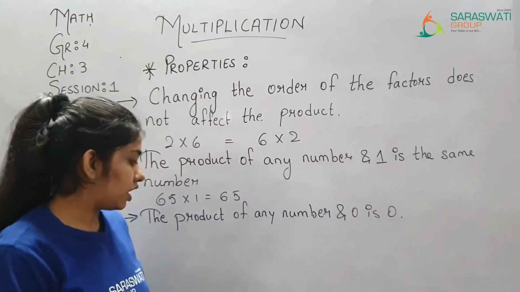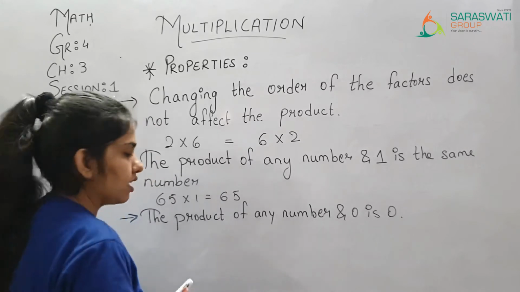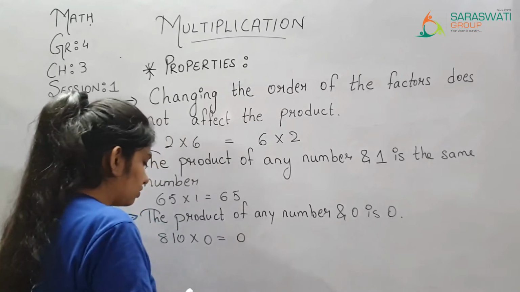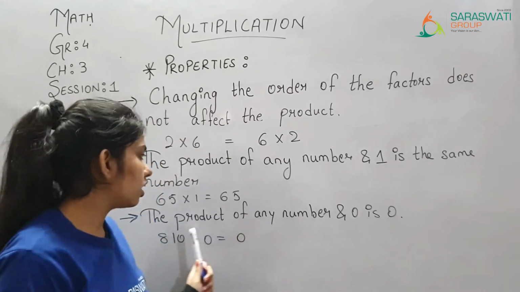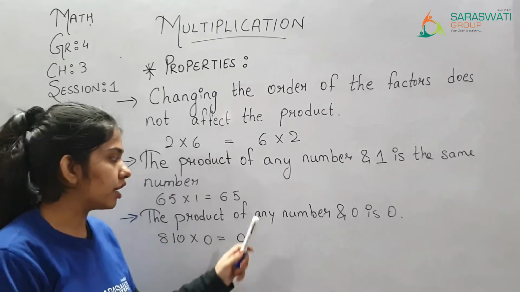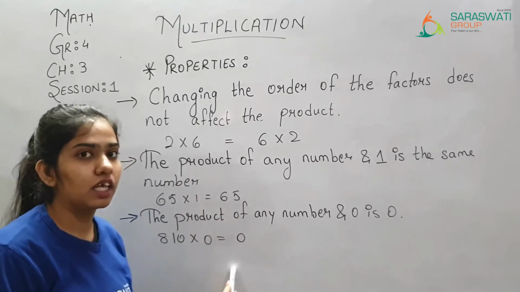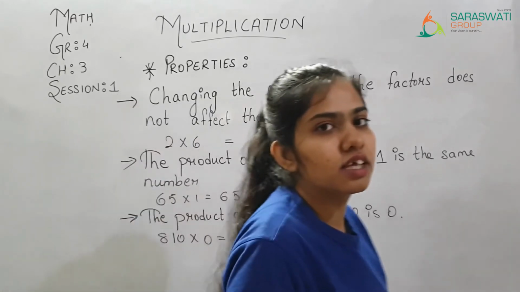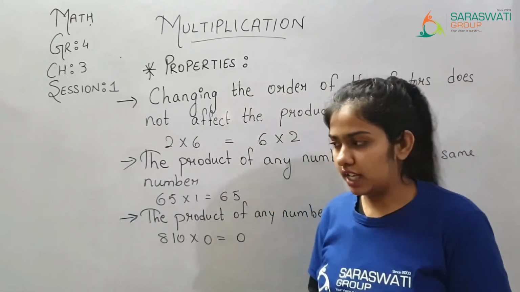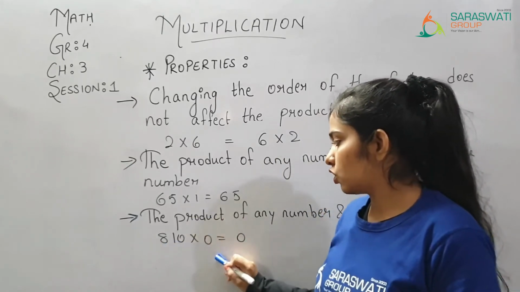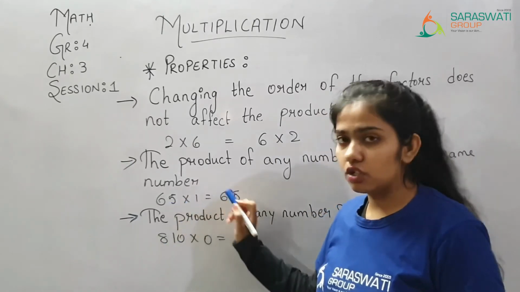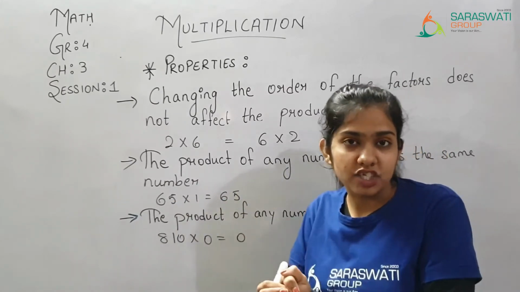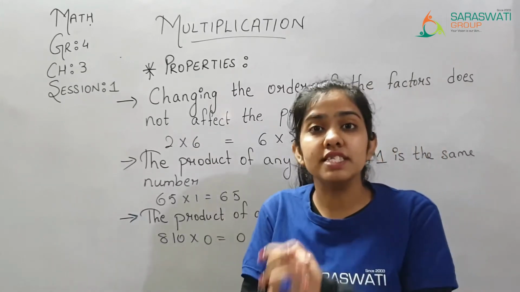If you multiply any number with 0, our answer will be 0 only. Here 810 into 0 is 0. Now 65 into 0, then also the answer will be 0. When any number is multiplied with 0, at that time the answer will remain 0 only.